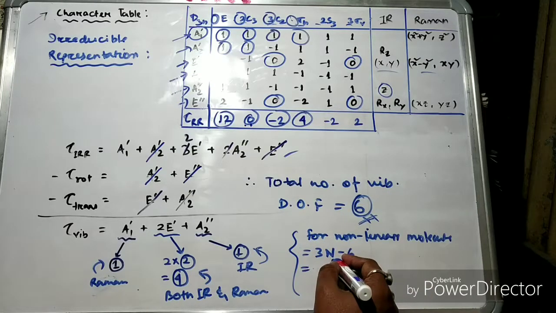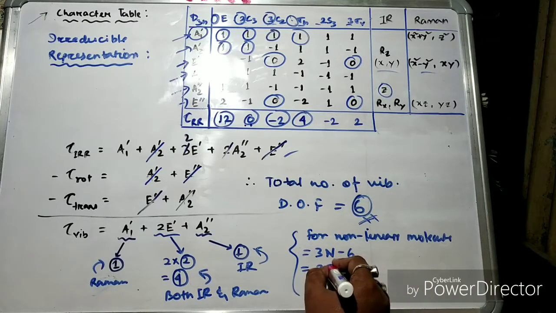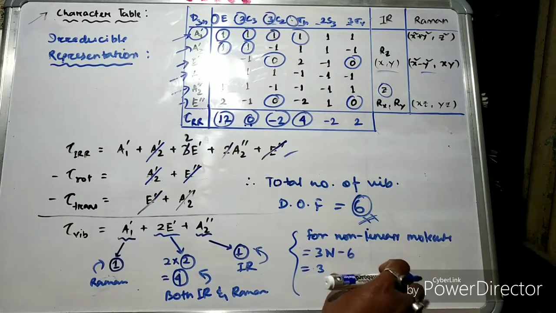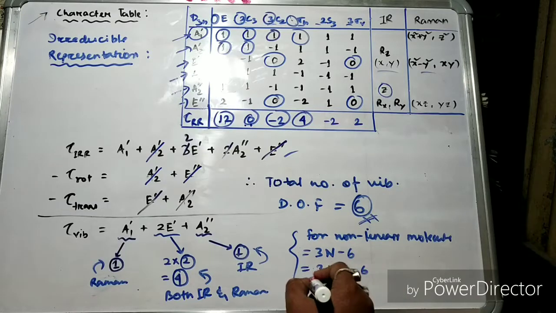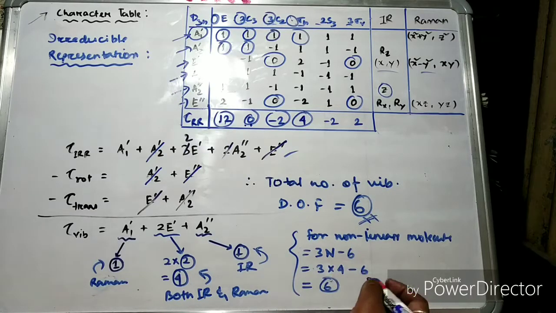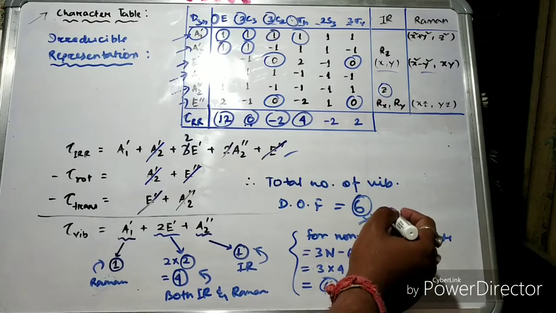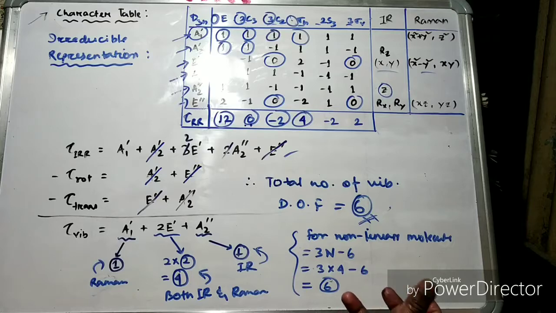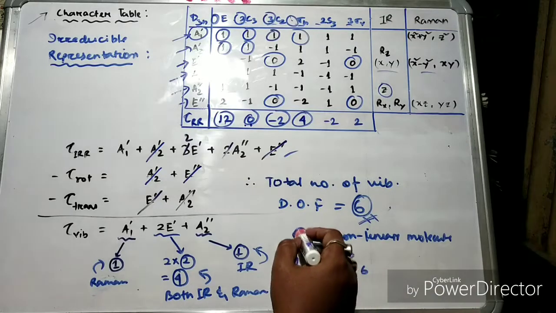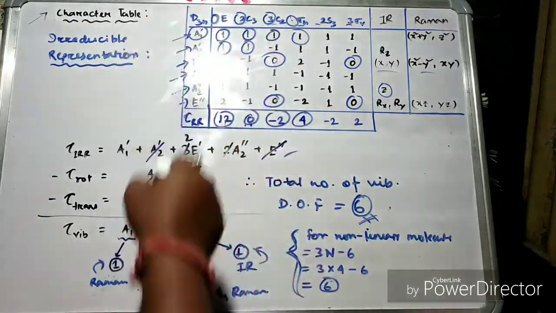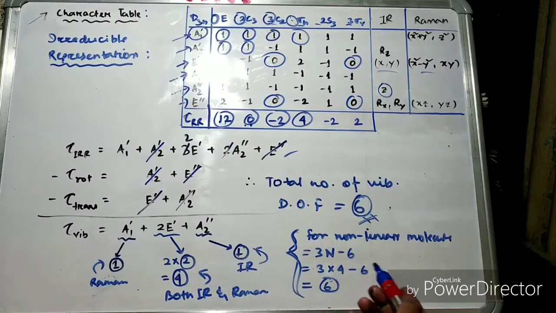Here n is the number of atoms, so it will be 3 multiplied by 4 minus 6, so it will come out to be 6. Simple. So after verifying this, we can see that our answer is correct, because if we find out the degrees of freedom using this formula and using the character table, it comes out to be the same, so therefore it is correct.